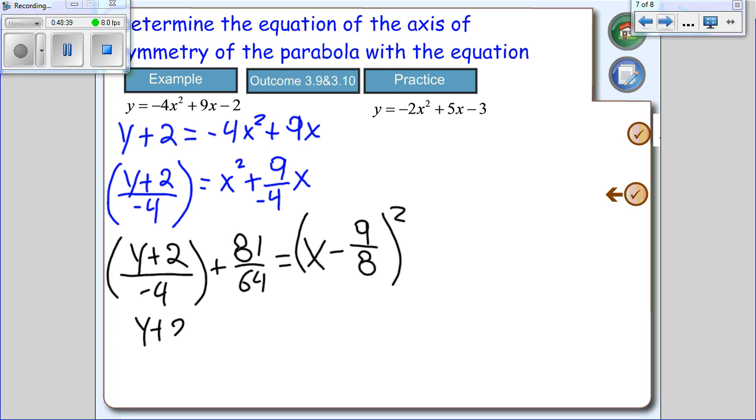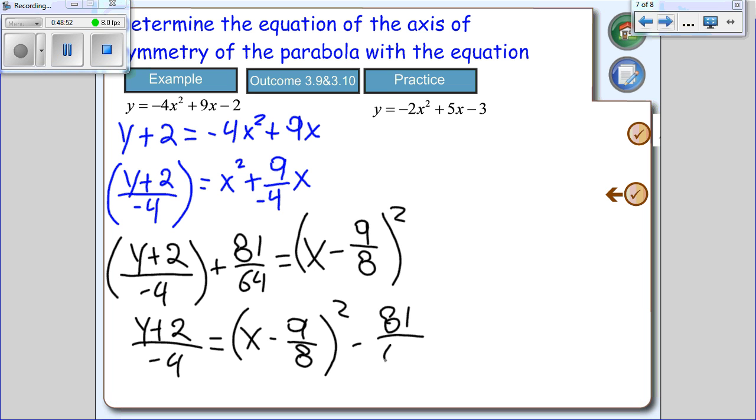Multiply both sides by negative 4. So it becomes y plus 2 is equal to negative 4 times x minus 9 over 8 squared plus 81 over 64 times 4. What's that give you in math frac?